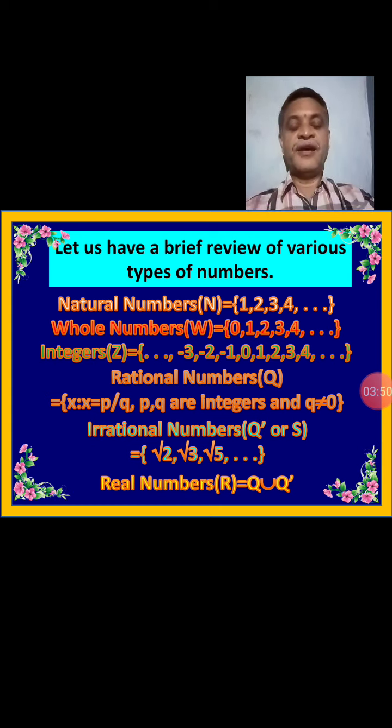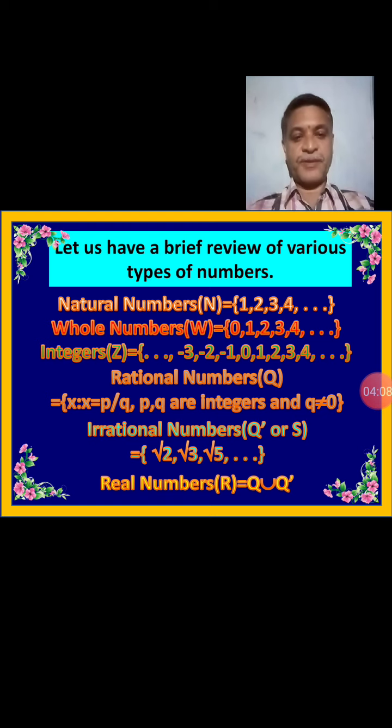So this is the real number set. So the union of Q and Q dash is called real numbers. So all the numbers, that means fractions, integers and root numbers, are all there in real numbers.